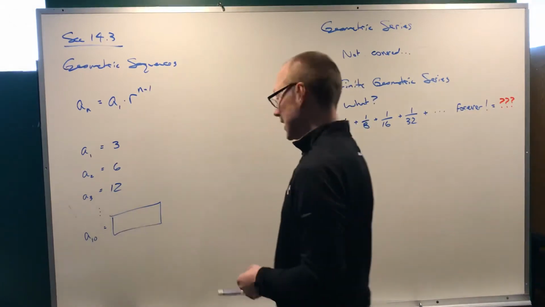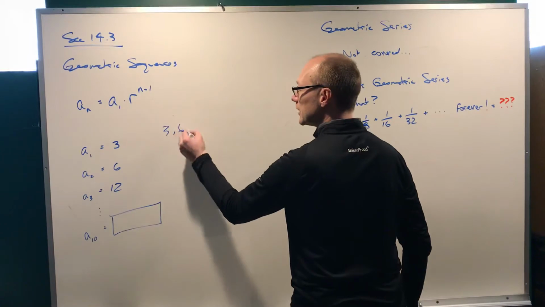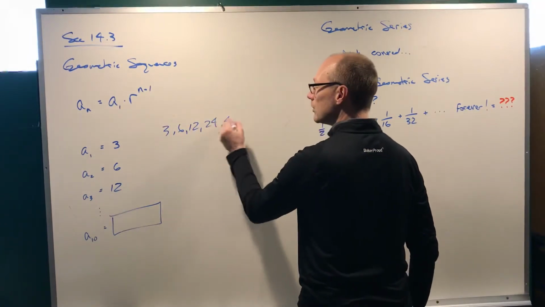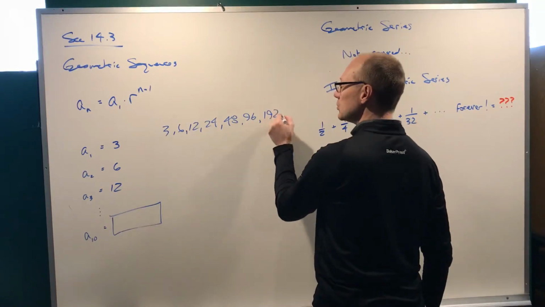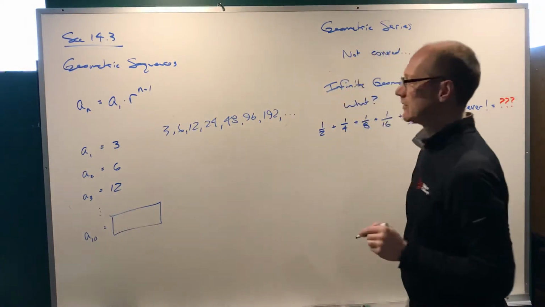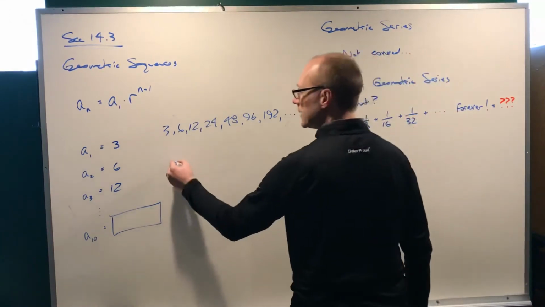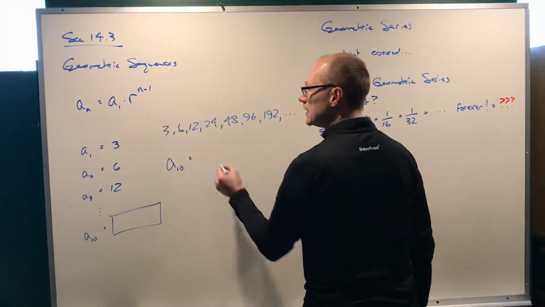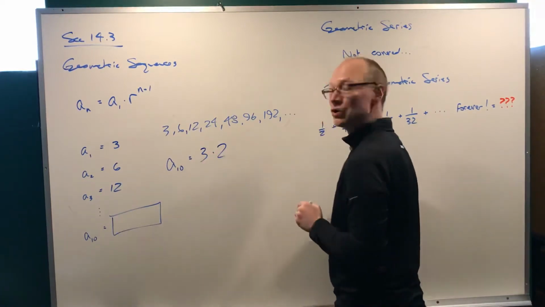So if I want to find the 10th term, I could just list this right out, right? 3, 6, 12, 24, 48, 96, 192, and I even start to lose steam there. Or we could say that our 10th term is going to be my first term times a whole bunch of 2's.